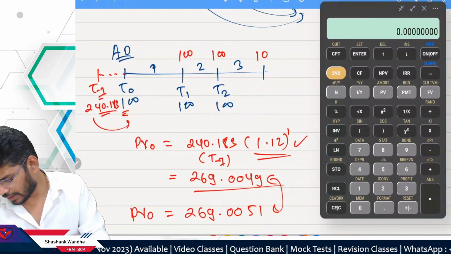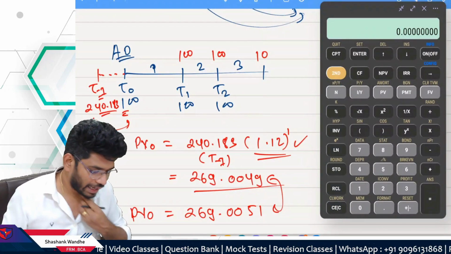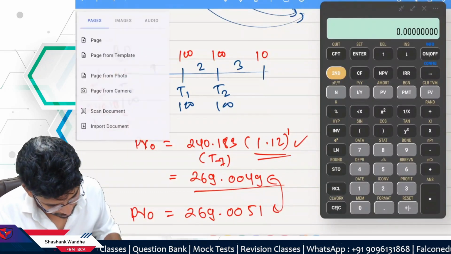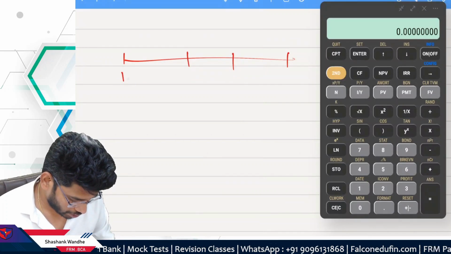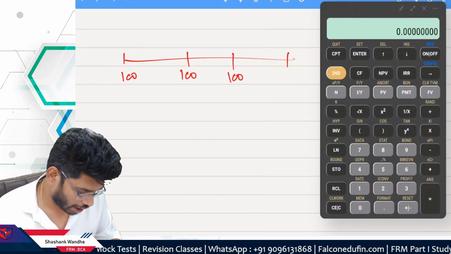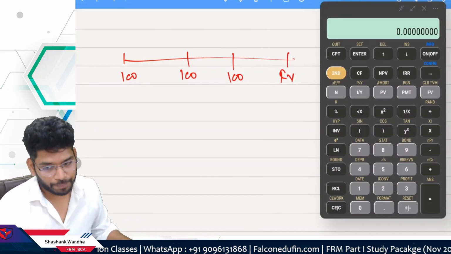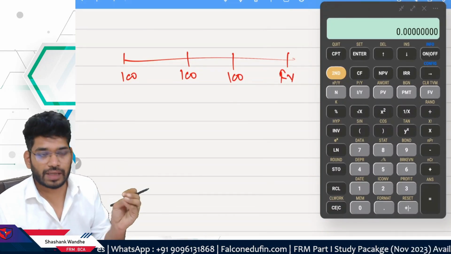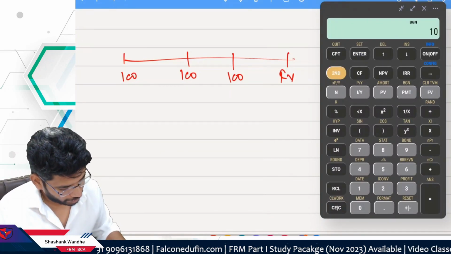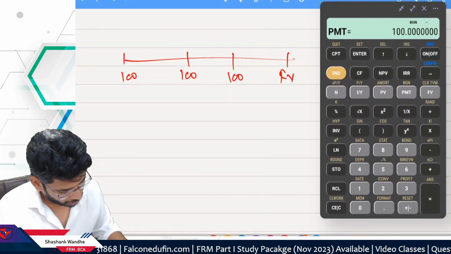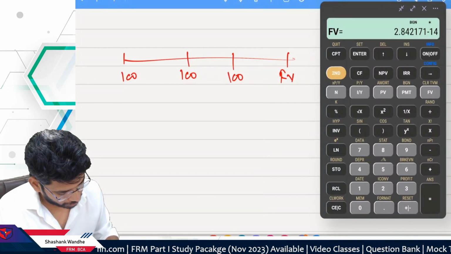Okay, so we are done with the present value calculation. We can do this calculation and we can also calculate the future value here. So now how to calculate the future value again? So this is our 3 years cash flow is starting from T0, and we have to calculate the future value. Here, please remember, to make sure your calculations are perfect, always set your calculator in begin mode and then 100 PMT, 3N, 12 I by Y, CPT, FV.